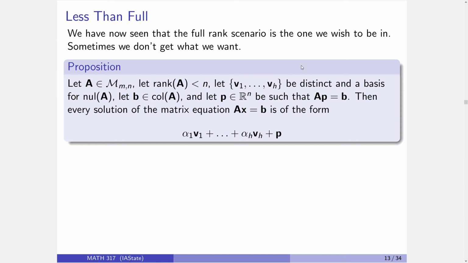rank. And anyway, so yeah, you can find a basis for the null space that has stuff in it. Take any element out of the column space, so the things that you can actually solve Ax equals b for, and let's say that you've got a particular solution. Then every solution of the matrix equation is of the form, hey, that plus that. So solution to the homogeneous plus a particular solution. We've already seen and discussed this, but here it is now written in full gory detail.